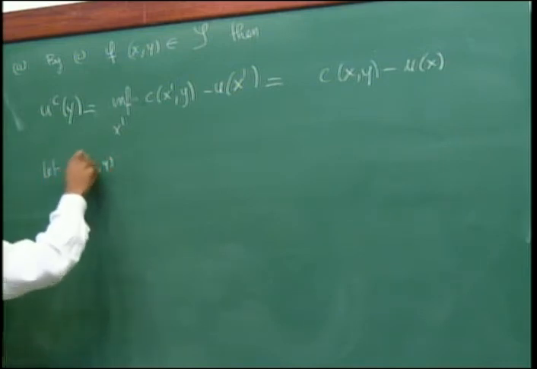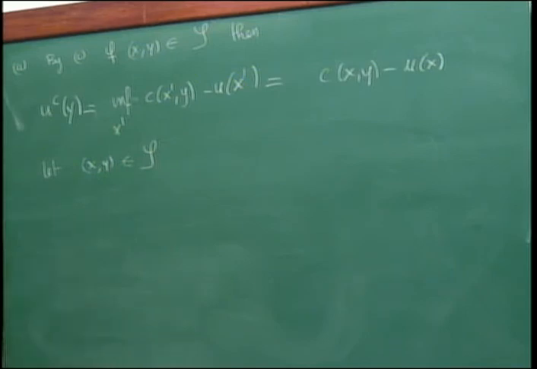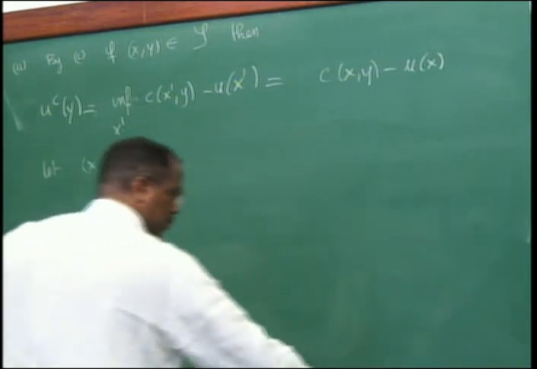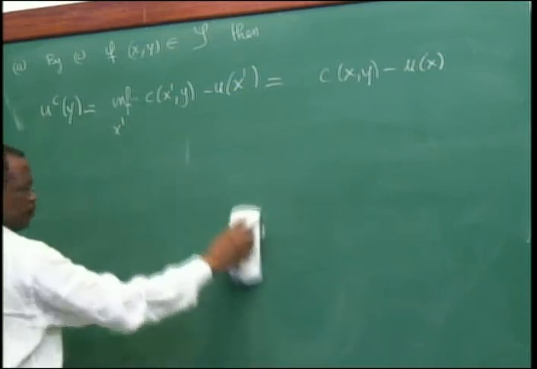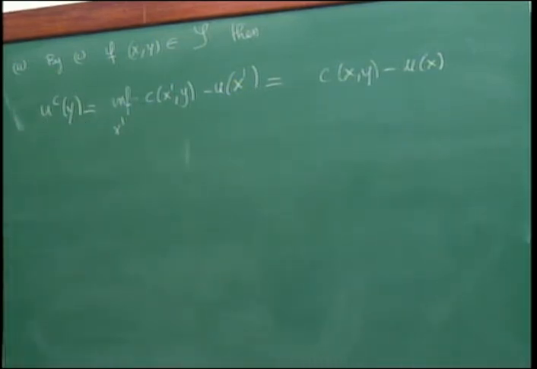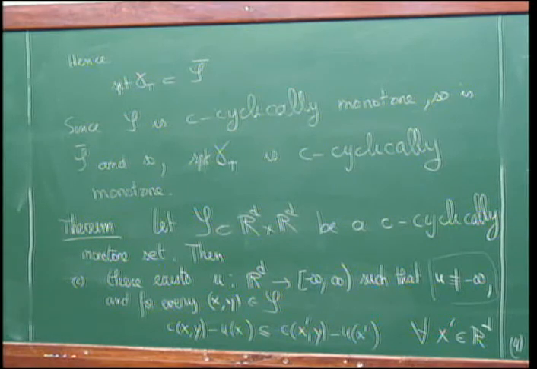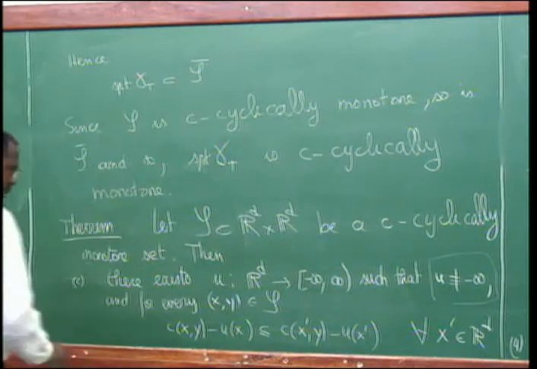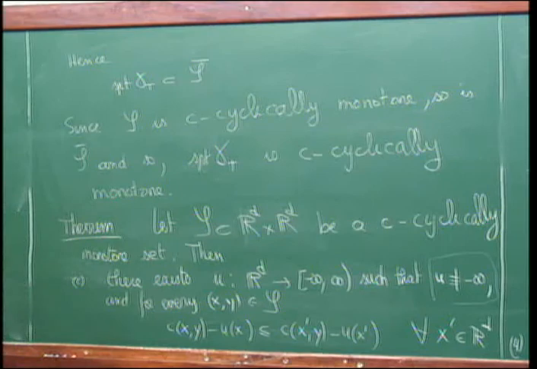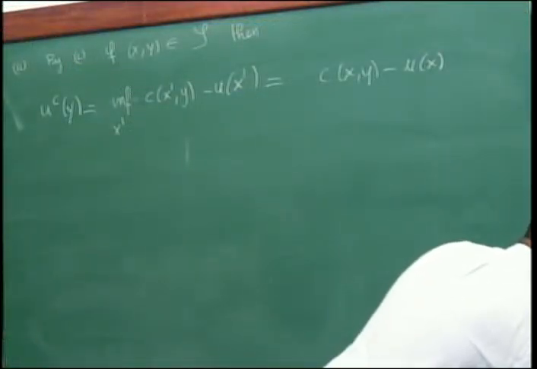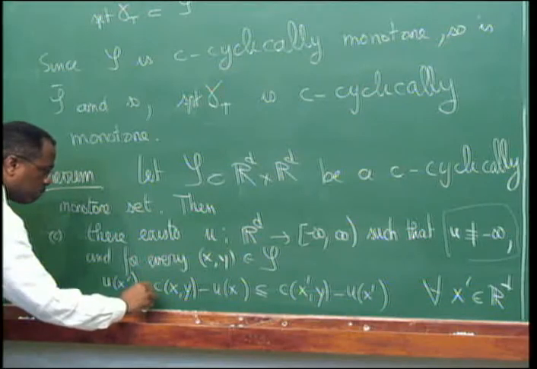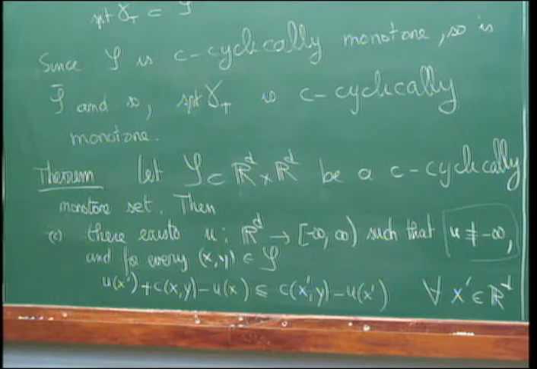Let (S, Y) be in S. So what I want to do, let me rewrite this as I can move U of S prime here, and remove it from here.